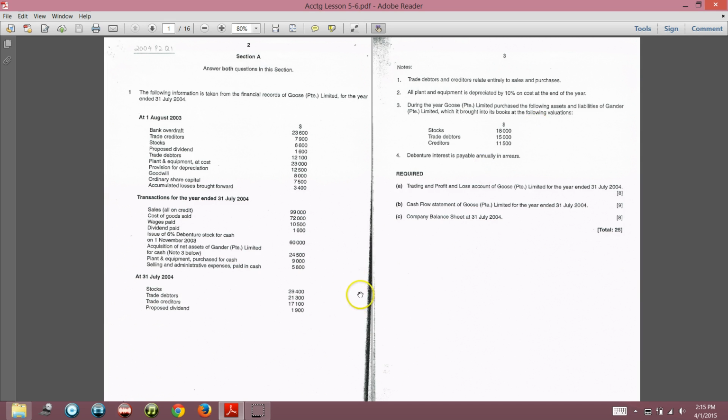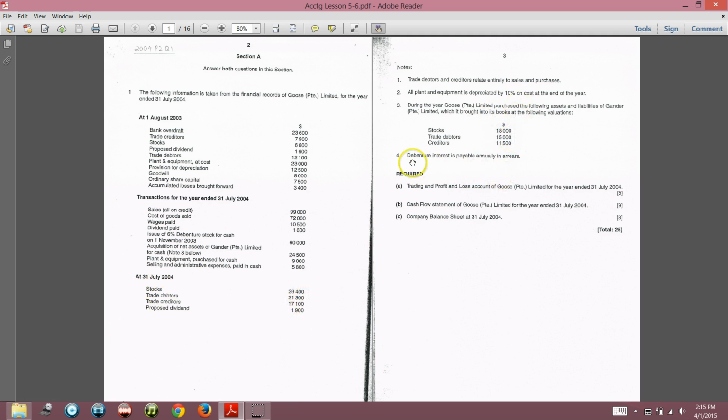But for me, I don't think it's necessary because from doing all the past exam questions, it appears that this is the expectation of the question. So in conclusion, these figures are inclusive of this.